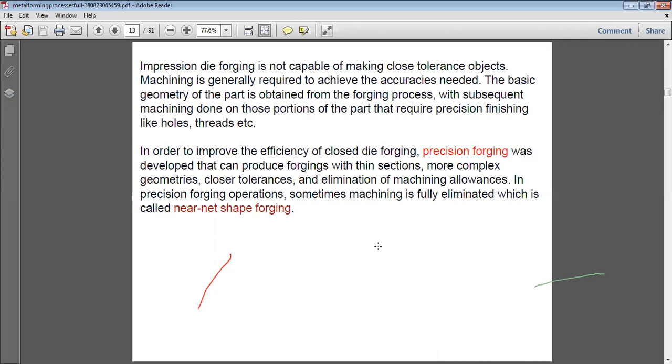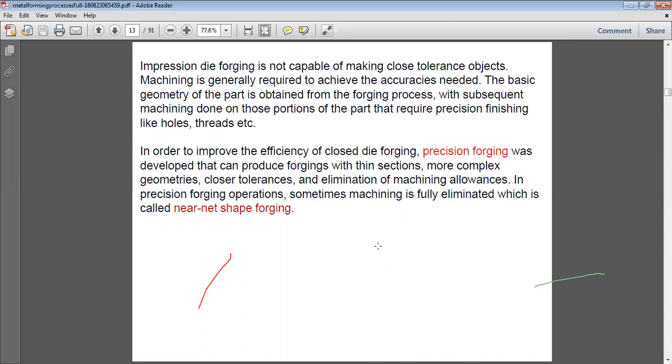So allowance means extra material is added to the forging, so that when the material is taken off by machining, the part remains within the tolerance values.